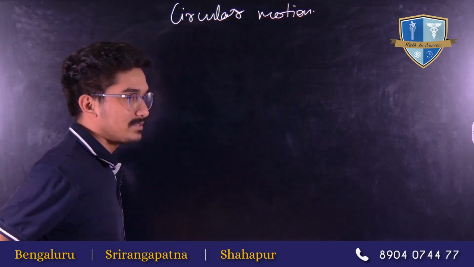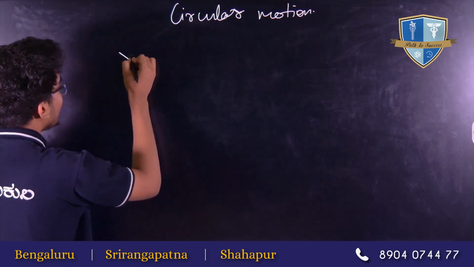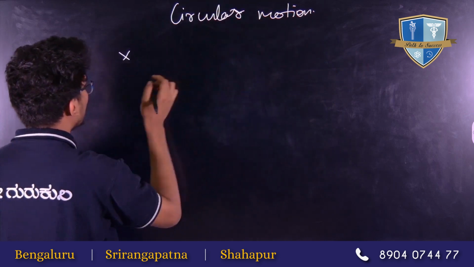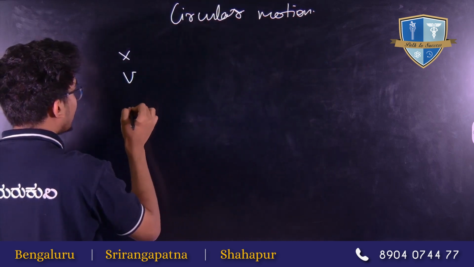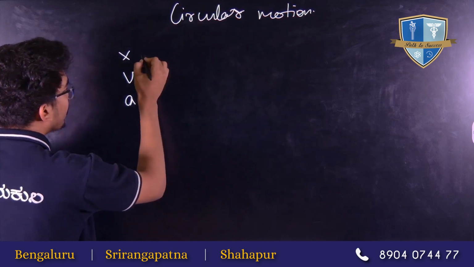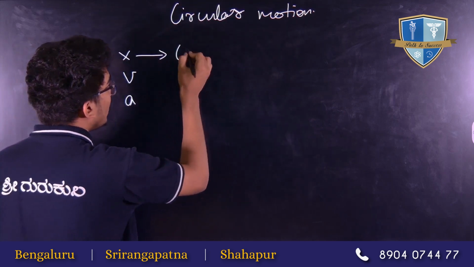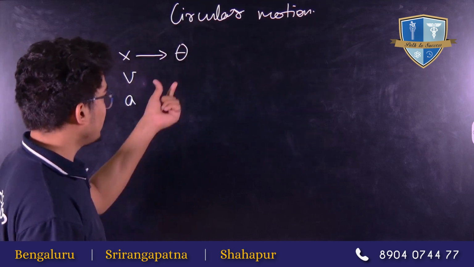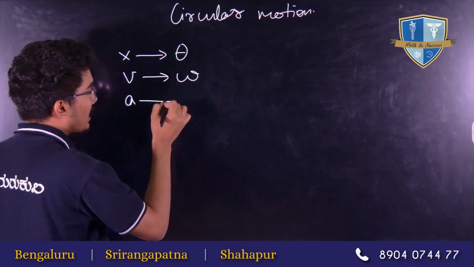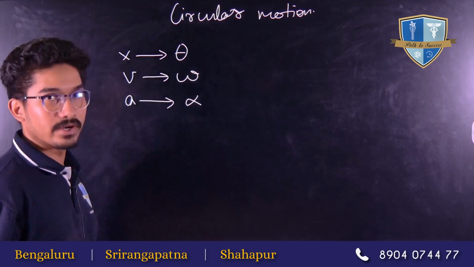In kinematics, we have studied about displacement, velocity and acceleration, correct? The same thing we will study in circular motion, but with different names. Displacement will turn into angular change, which is angle theta, velocity to angular velocity, and acceleration to angular acceleration, denoted by alpha.